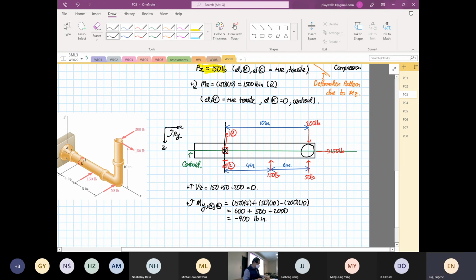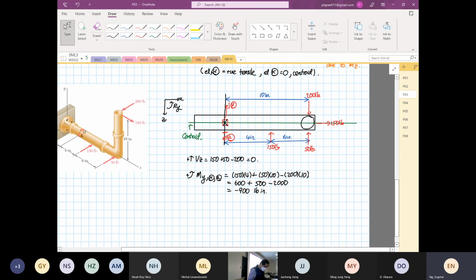Now, minus 900, what does it mean? Minus 900 means the direction of the moment is in fact 900 pounds coming down this way. Because positive is in the anti-clockwise direction, negative is in the clockwise direction.